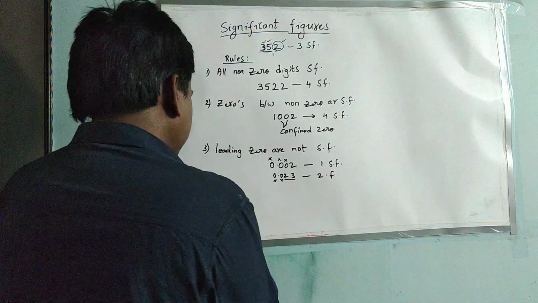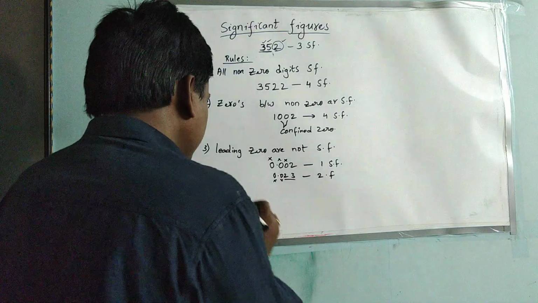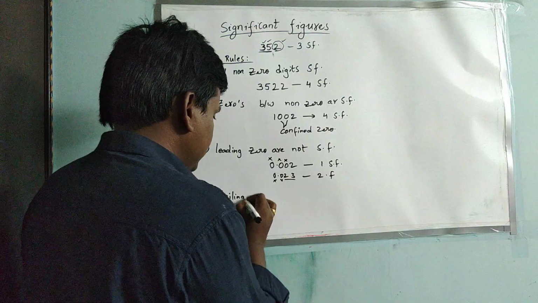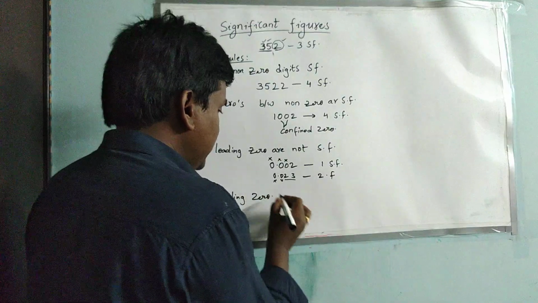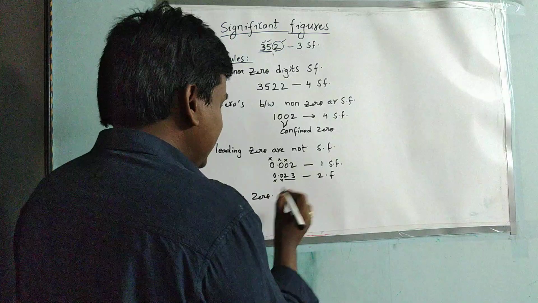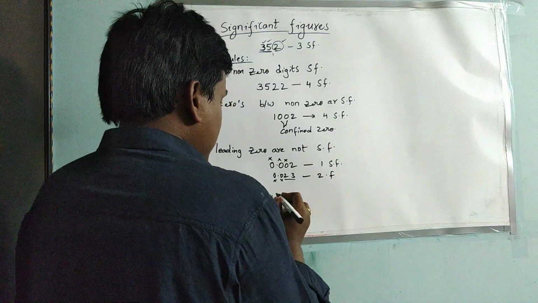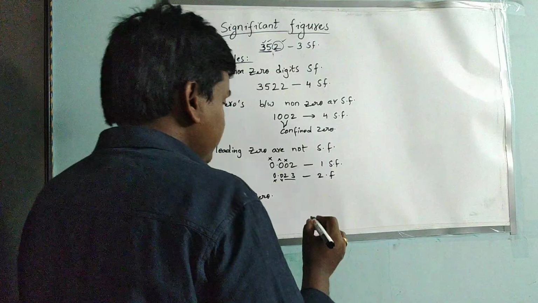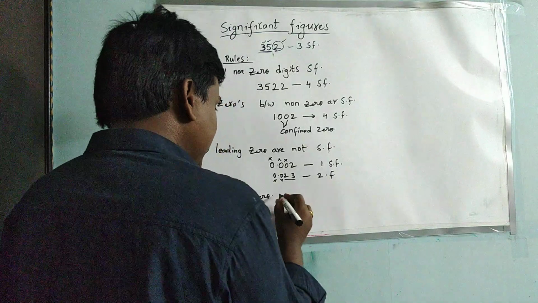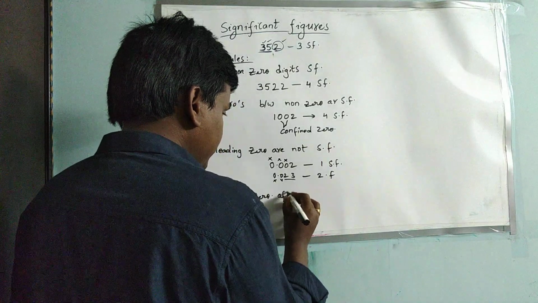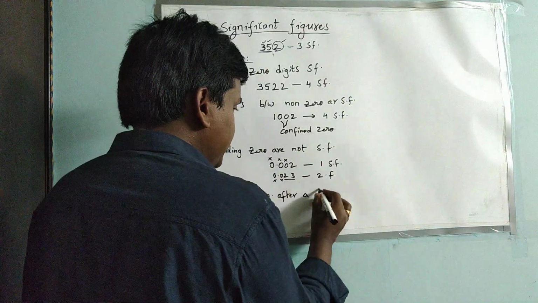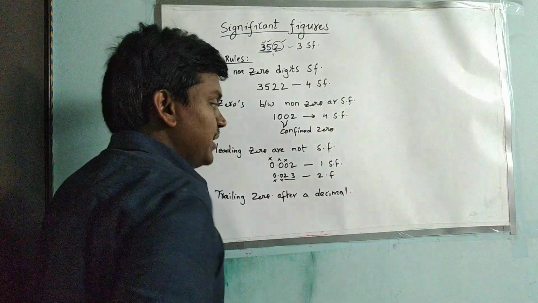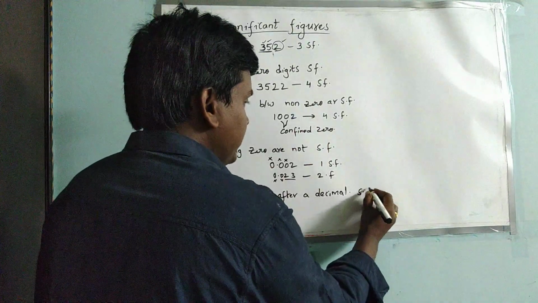And next, trailing zeros after a decimal are considered as significant figures.